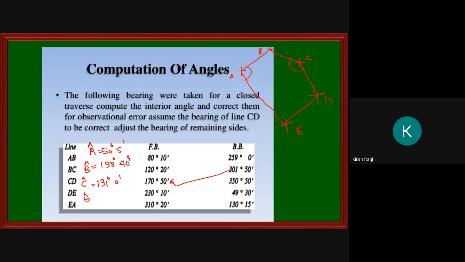Next one, D. This minus this, 120 degrees 40 minutes. Just check whether D is correct or not. And E, this one: 310 degrees 20 minutes, and 99 degrees 10 minutes.